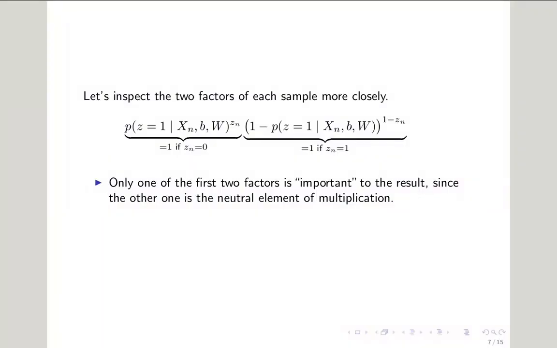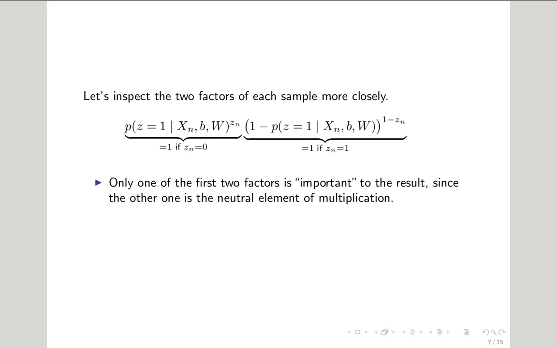Let's look at those two factors that exist in this two-class likelihood. As you can see, only one of these factors will be active at any given time because of the exponents on each factor. For example, if Zn is equal to 0, then the first factor will take precedence.